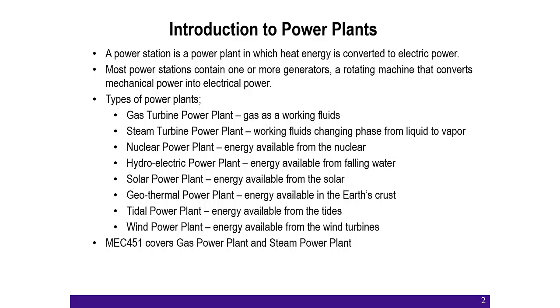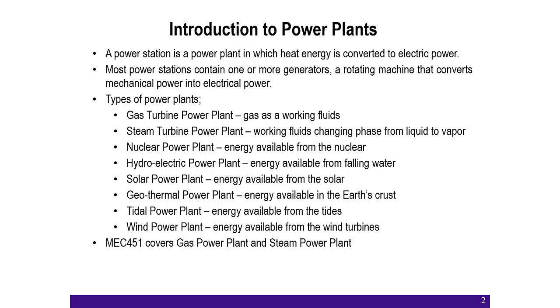Steam turbine power plant. Basically, the working fluid changes phase from liquid to vapor, and normally uses water. Nuclear power plant. Basically, the source of energy comes from the nuclear reaction. And fourth is hydroelectric power plant.